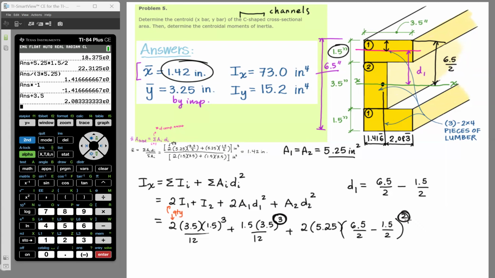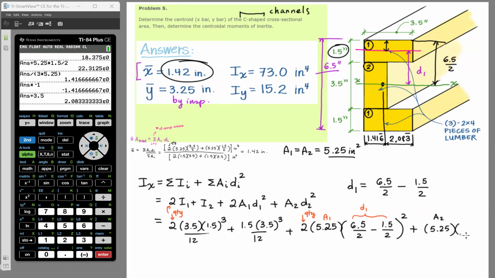And we don't forget to square. It's our motto in engineering. Don't forget things. All right, there is my quantity 2, area 1, d1 squared. And for my last one, A2 d2 squared, well, the area, A2 is 5.25 inches squared.